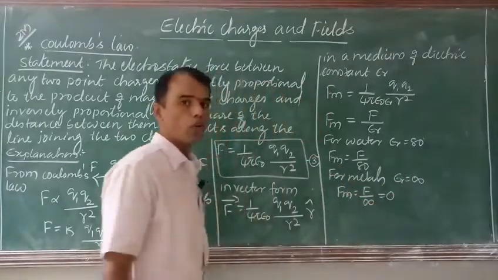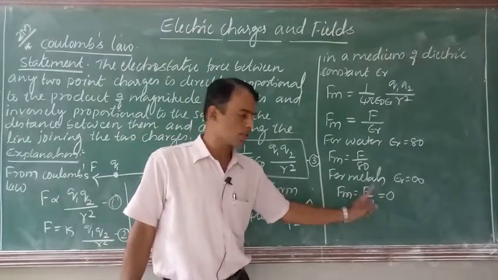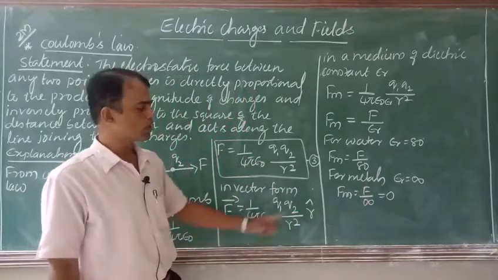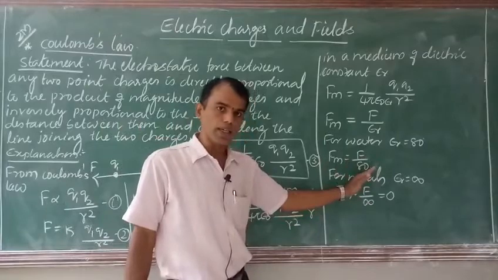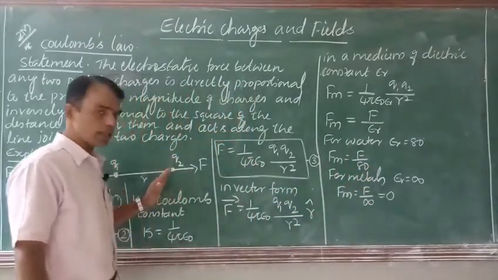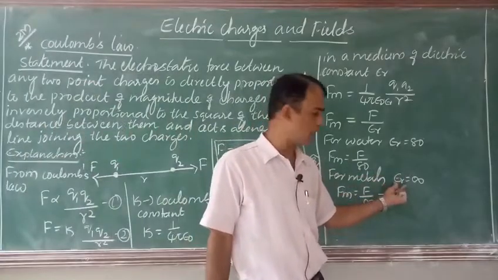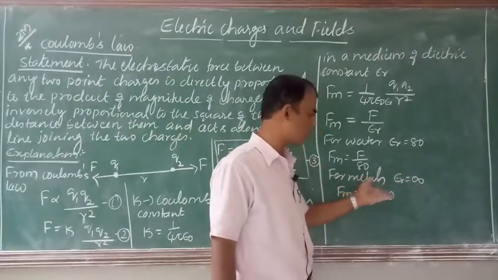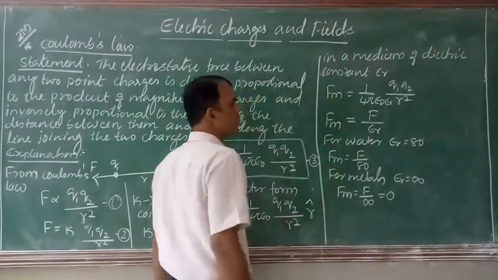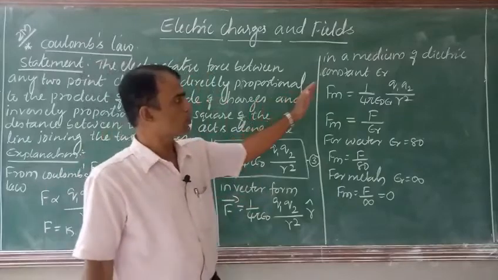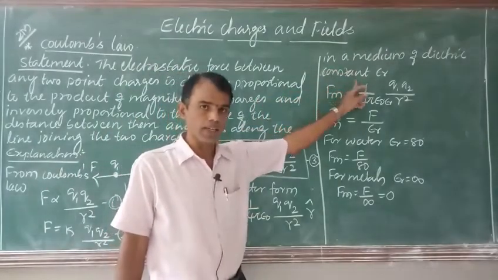That means Coulomb force reduces to 0 between the two charges when you introduce a metallic conducting medium, because dielectric constant for metal is infinite. We know anything over infinity is 0. So this is about force between charges when you introduce a dielectric medium of dielectric constant epsilon r.